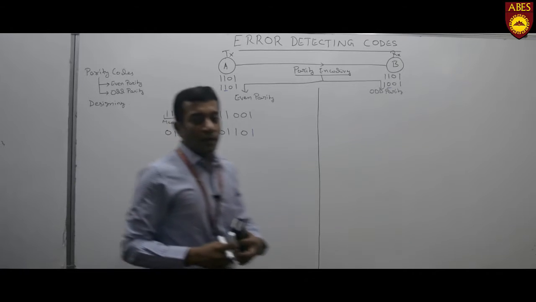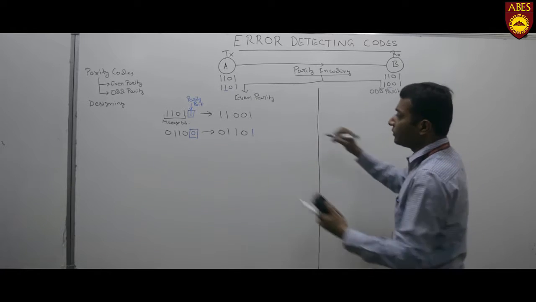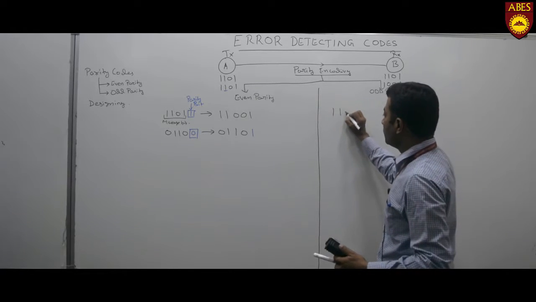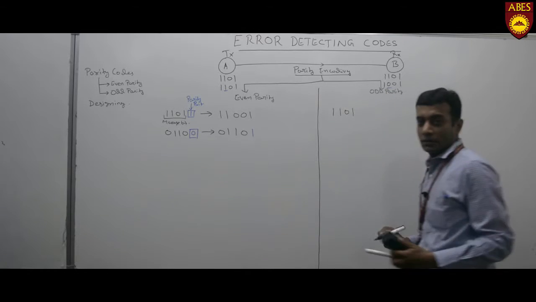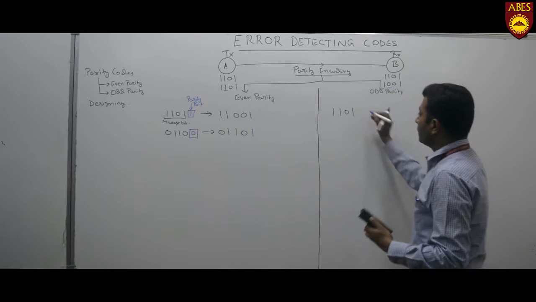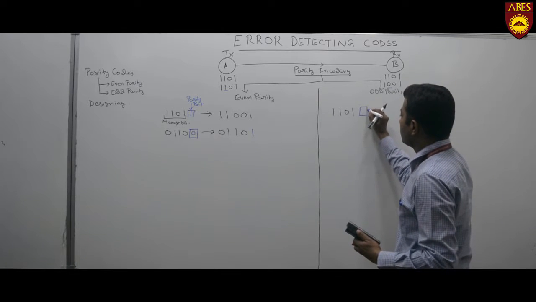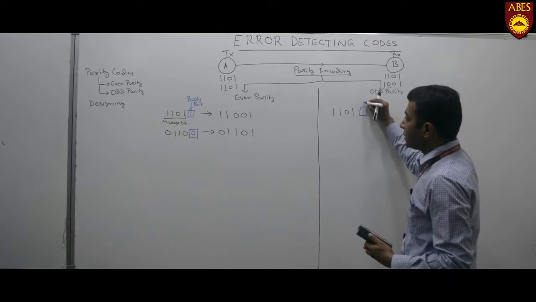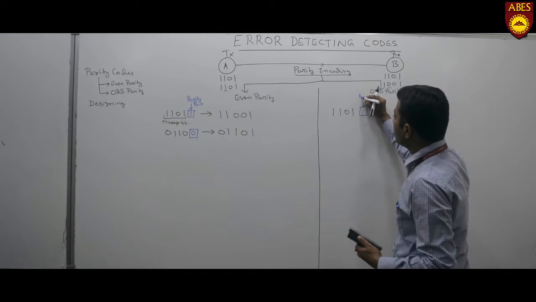In case of odd parity, what we do, let's take the same example, 1101, we add an extra bit. In this case, the parity bit is odd.